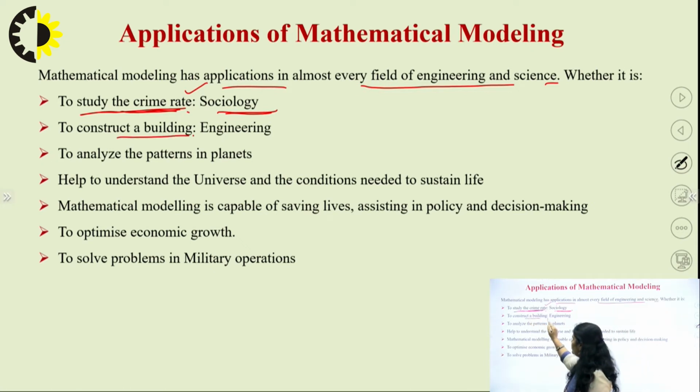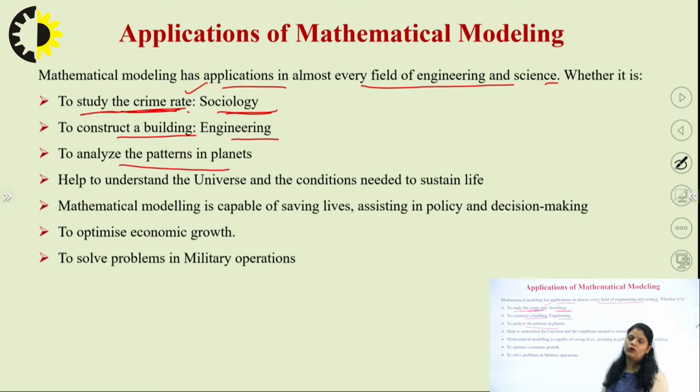To construct a building, which is related to the engineering field, we also do the planning. Before actually constructing the building, we will make a model, do the planning, and after that we will construct the actual system. If we want to analyze the movement of the planets, or understand the patterns in the planets, then also we have to analyze the data, the past data.